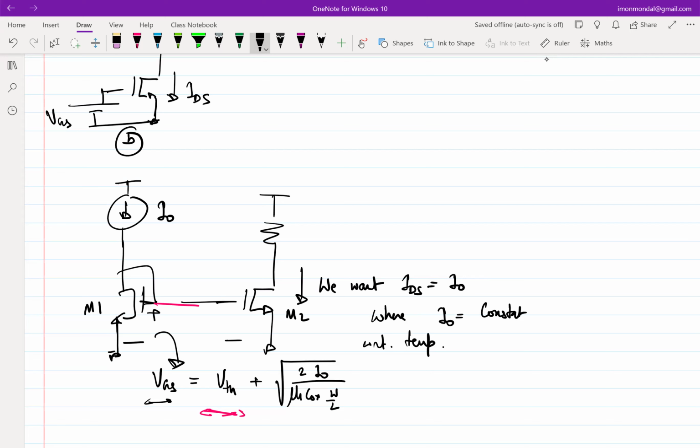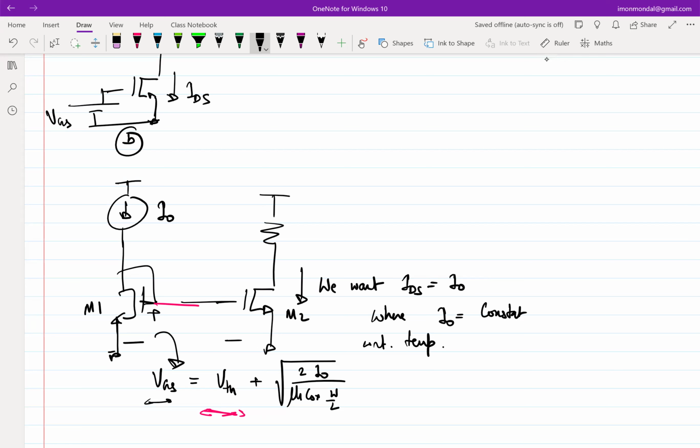And if the threshold voltage of one changes, the threshold voltage of the other also changes. And that is more or less true when you are putting everything in an integrated circuit, because it's such a small area and you are making them using a batch. So whatever is happening to one transistor, exactly the same thing is happening to the neighboring transistor. That's one of the good things about integrated circuits.